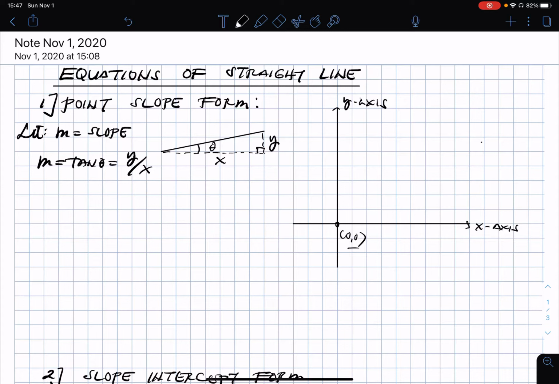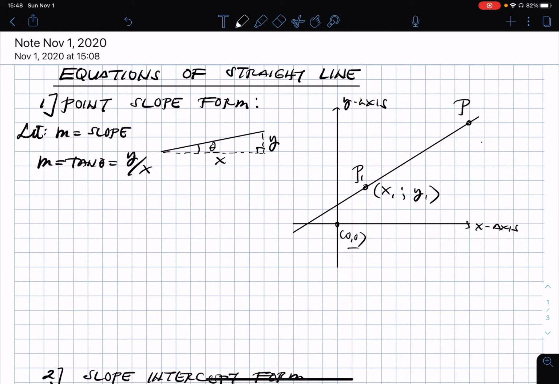If we draw a straight line in our x and y axis, and we call this point 1, the coordinate will be x1, y1. Again, we need 2 points to define a straight line, so we randomly select a point anywhere on this line.